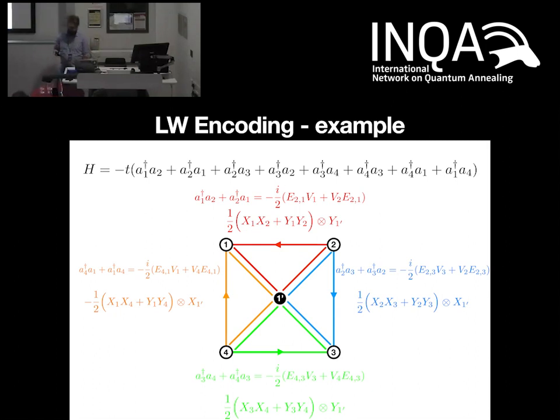But since we are introducing an extra qubit, it means that our Hilbert space is larger than in the previous fermionic system. So we have a larger Hilbert space, but our problem needs to be somehow encoded in a logical space.